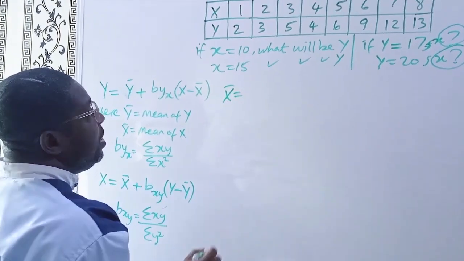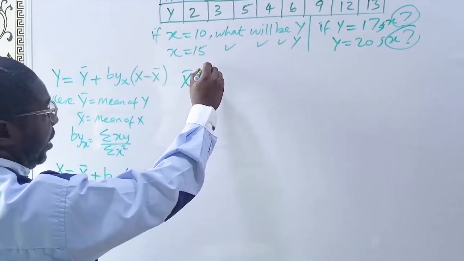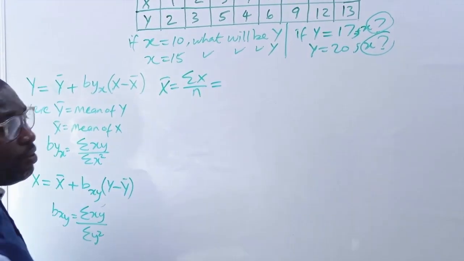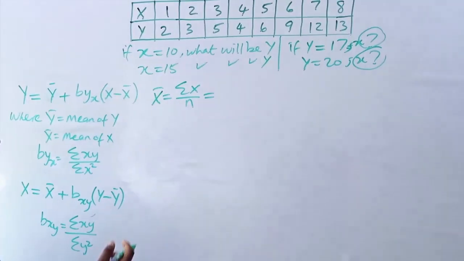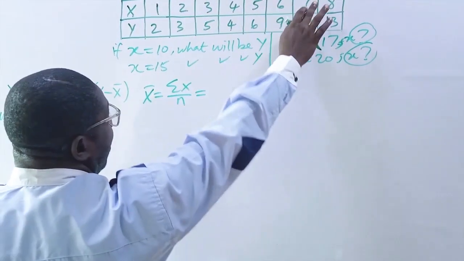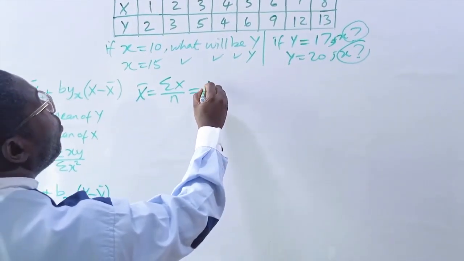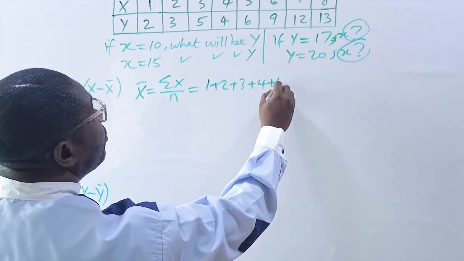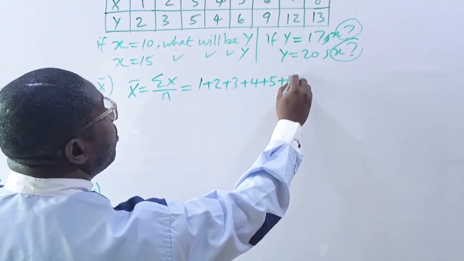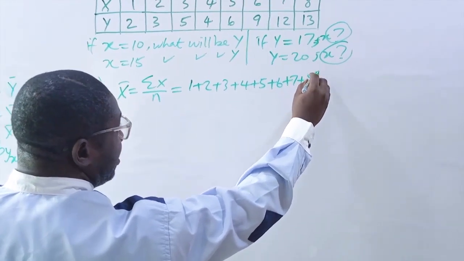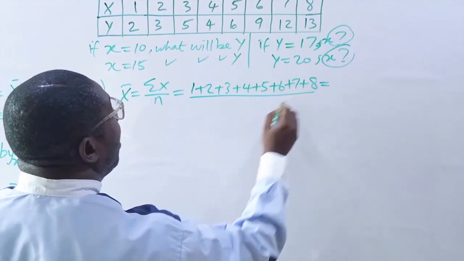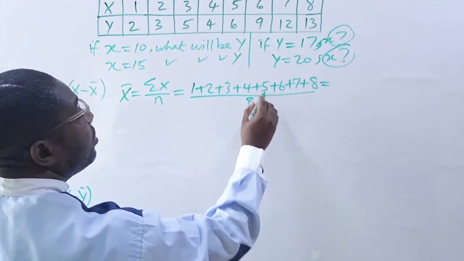Remember, the mean of x will be summation of x all over n. In this case, we add all these values: 1 plus 2 plus 3 plus 4 plus 5 plus 6 plus 7 plus 8, divided by 8 numbers.